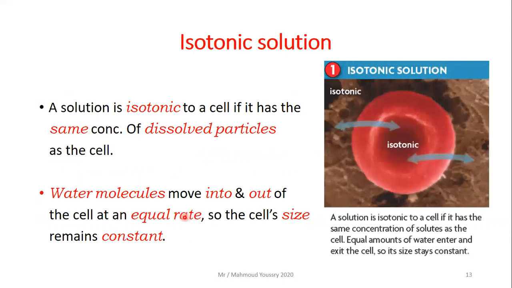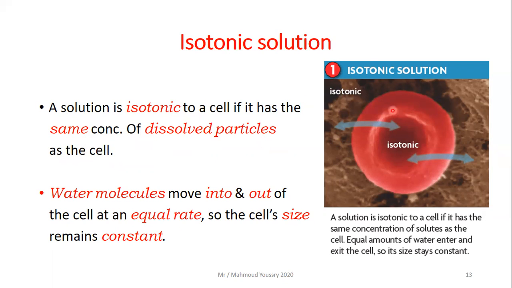So let's start with the first type of solution, which is the isotonic solution. The word iso means equal. A solution is isotonic to a cell if it has the same concentration of dissolved particles as the cell.